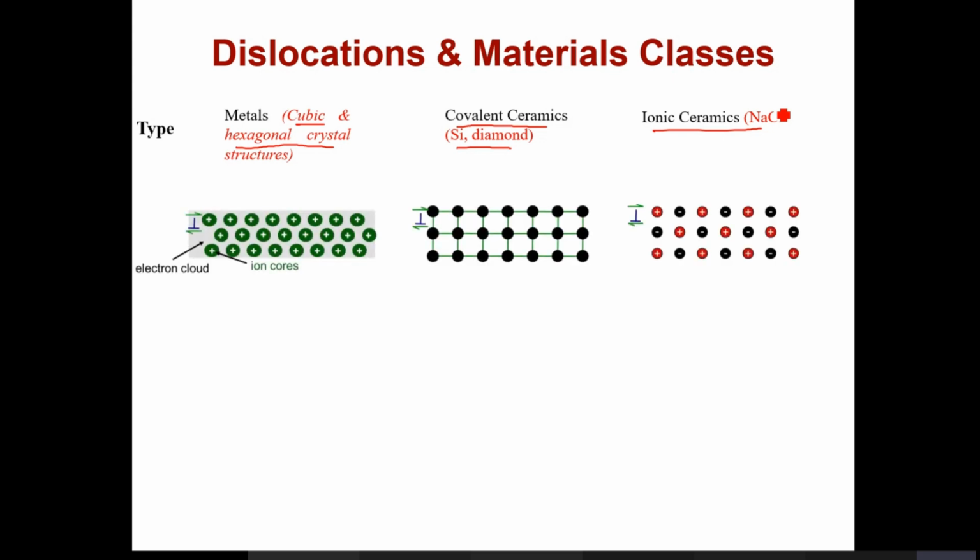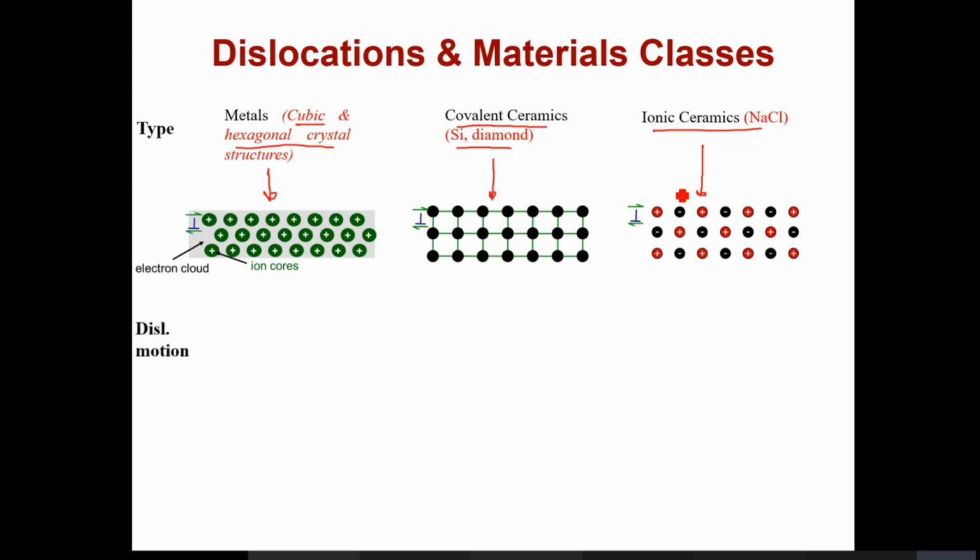If you look at the structure, you would see that there is a sea of electrons, where you have positive ion cores and an electron cloud surrounding these cores in the metallic system. It's a non-directional bonding. When you talk about covalent ceramics, they have directional bonding or angular bonding depending upon how the bonds are being shared. And then you have ionic ceramics in which there is positive negative charge relationship.